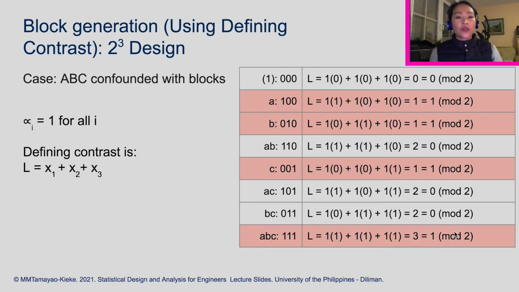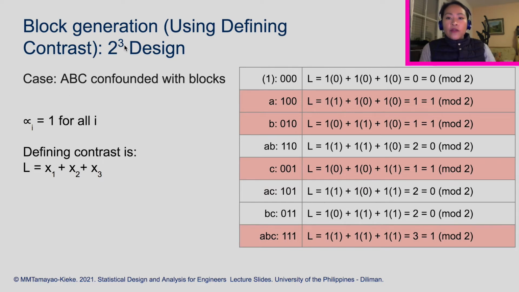So, to illustrate the use of the linear combination, let's take the case of the 2 to the 3 factorial design. For this case, it is recommended again that the highest order interaction be confounded with the block.